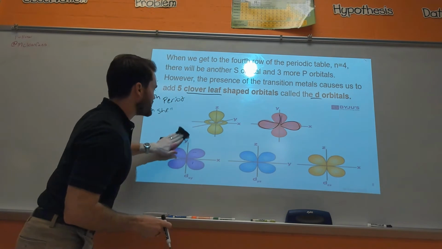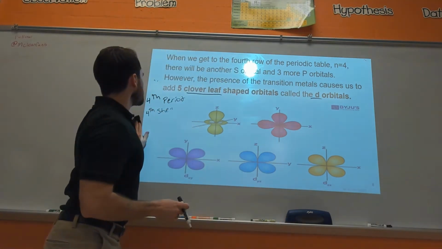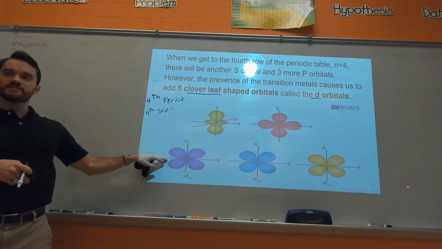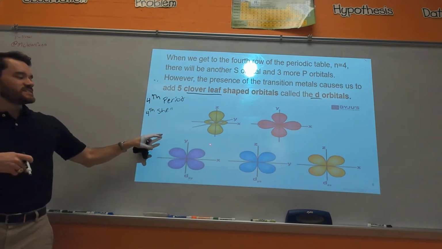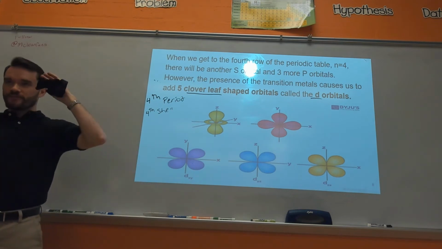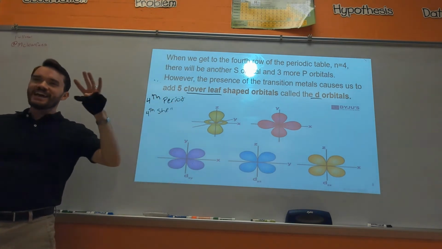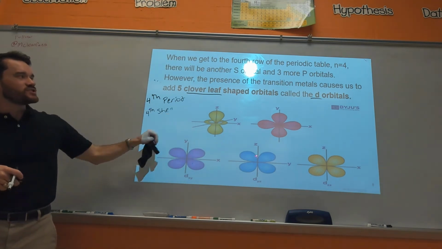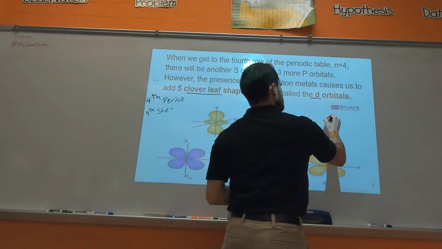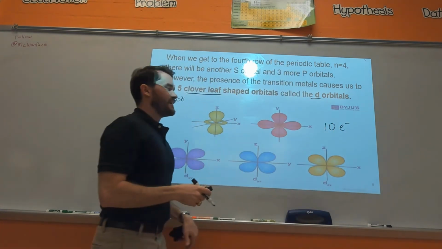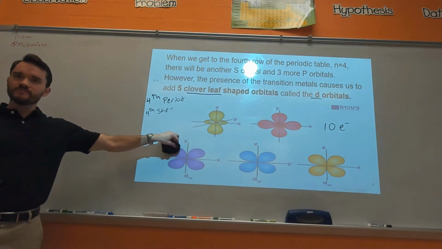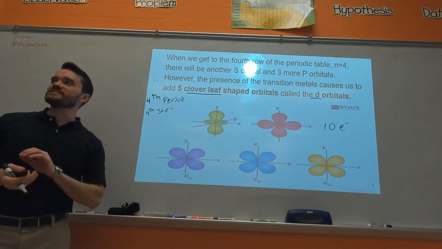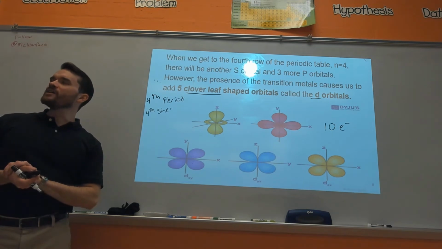So, anyways, notice how you see 5 different shapes of clover leaves. This is because this is where it becomes very difficult to imagine in 3D space how to picture all of this. Basically, what I want you to understand is you can fit up to 10 electrons in the d orbital. Now, looking at the transition elements on the periodic table, why would that make sense?